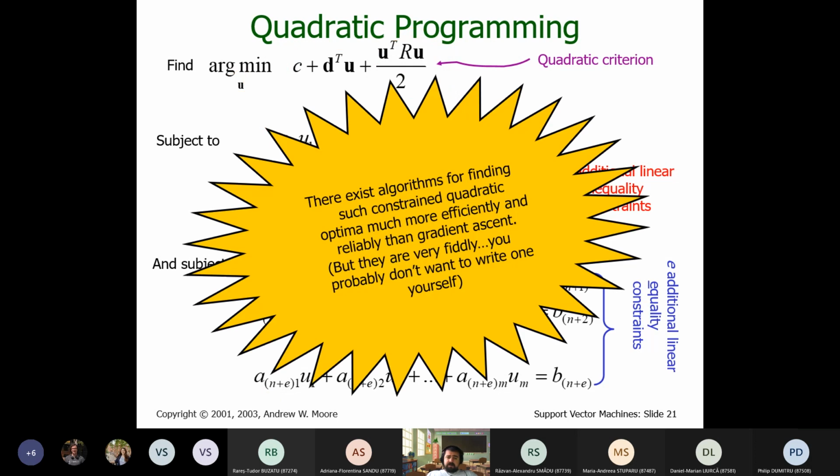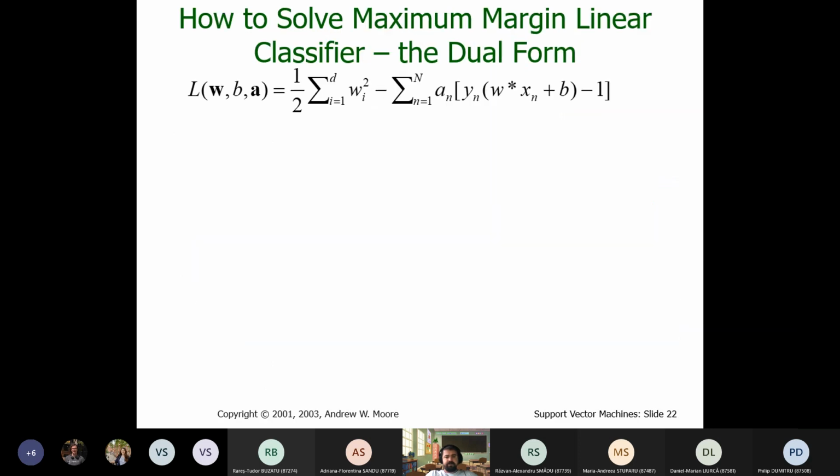Again, there are algorithms for solving this quadratic programming, so it's better than gradient ascent, and it's easier to use this method to solve the problem if n is not too large, n squared being the complexity of the algorithm.